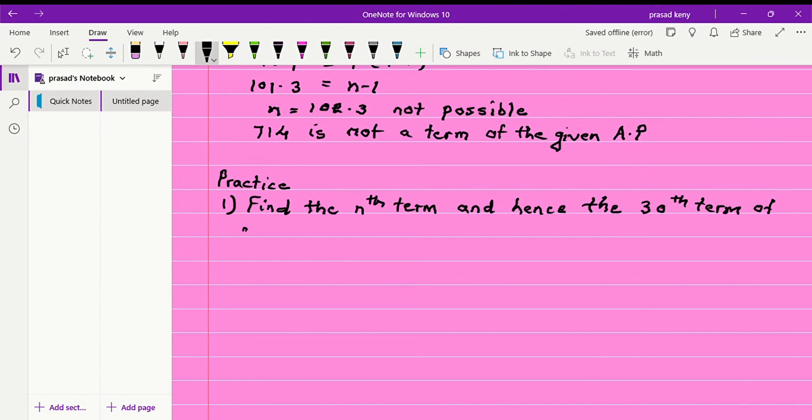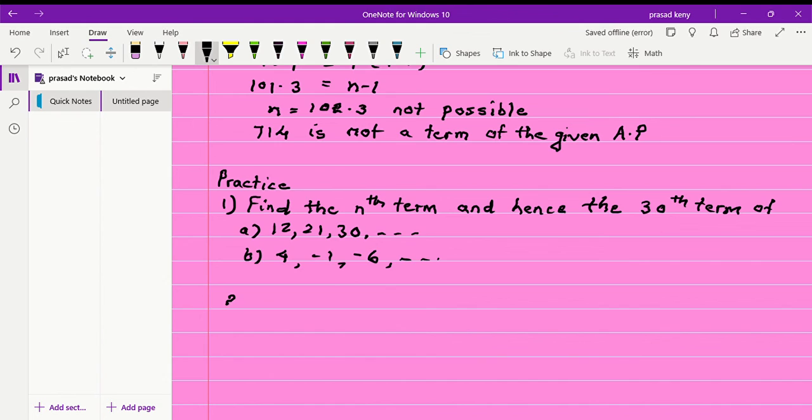First one, 12, 21, 30, and so on. The second one, 4, -1, -6, and so on.